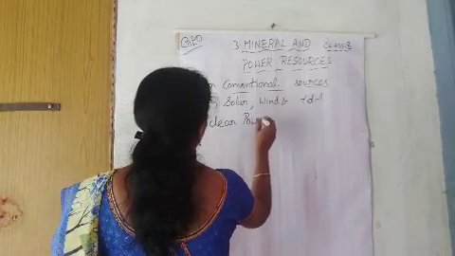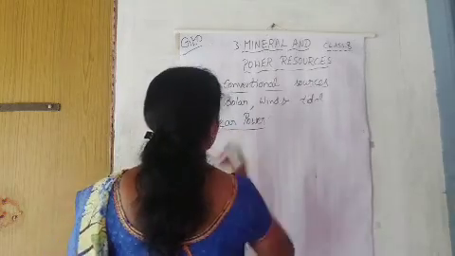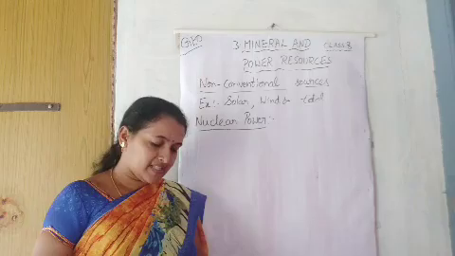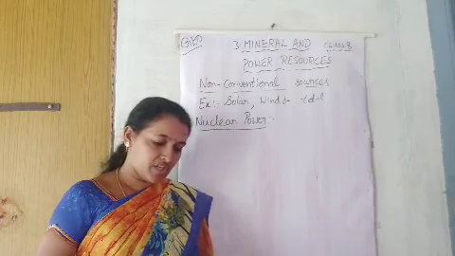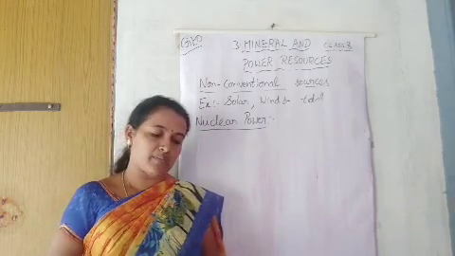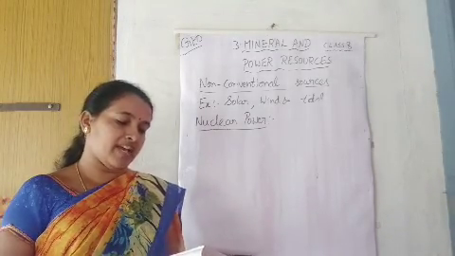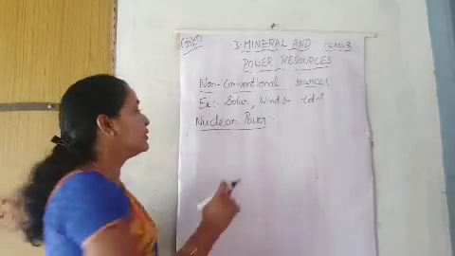Nuclear power. So with this nuclear power, how to generate electricity? Let's see. Nuclear power is obtained from energy stored in the nuclei of atoms of naturally occurring radioactive elements like uranium and thorium.